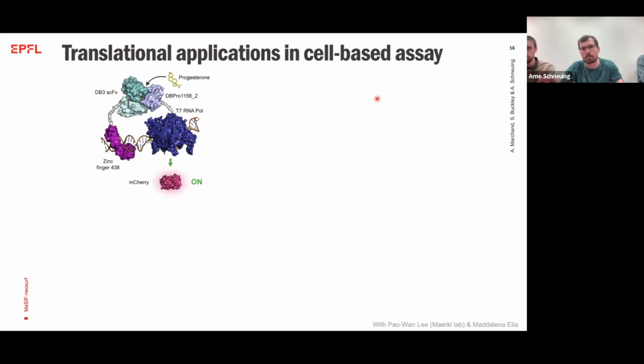The RNA polymerase by itself won't transcribe the DNA, but the zinc finger will bind the DNA. Then if you add your small molecule that induces the protein-protein interaction, it recruits the polymerase to the DNA, binds the promoter, and starts transcription. The gene being transcribed here is mCherry, which is just a fluorescent protein, so you measure fluorescence.